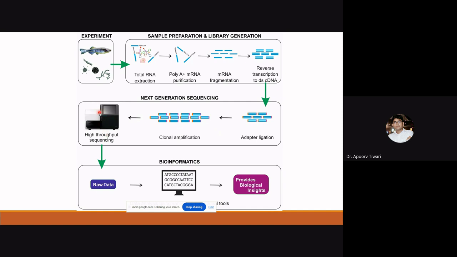It is an image of a sequencer, and the sequencer will provide the raw data in the form of FASTQ format. We will use this data on our computer and extract the information on differentially expressed genes, as well as the expression of a particular gene. That will provide the biological insight.